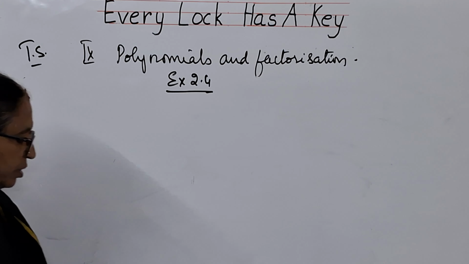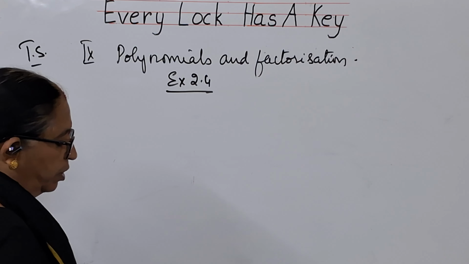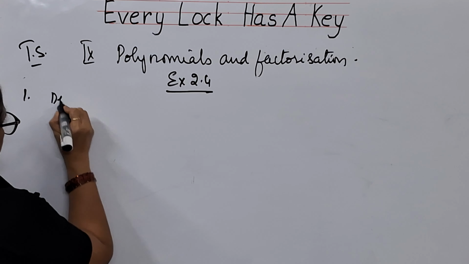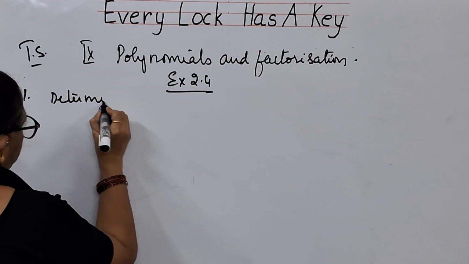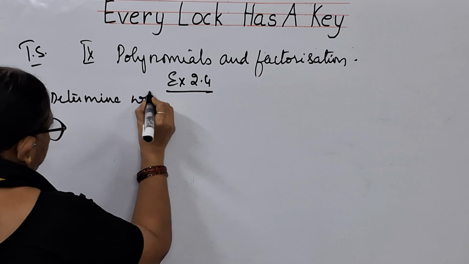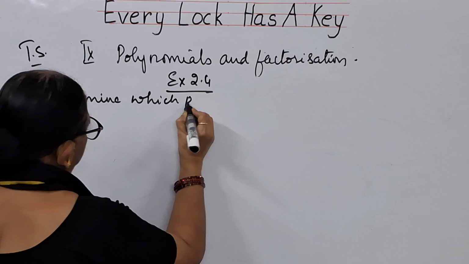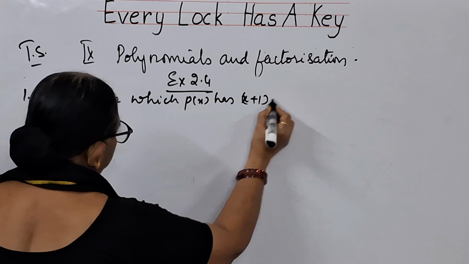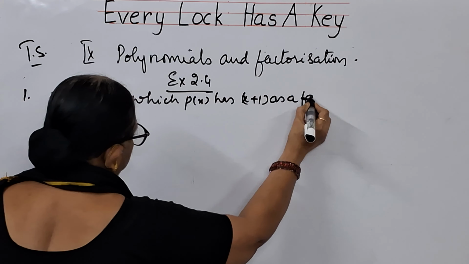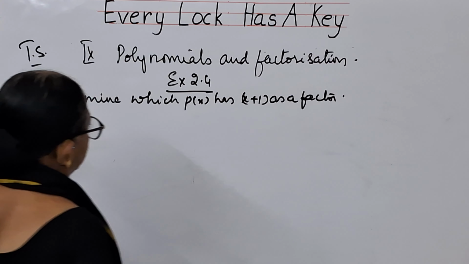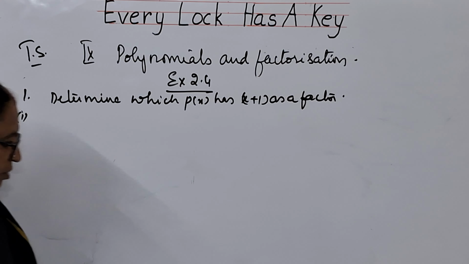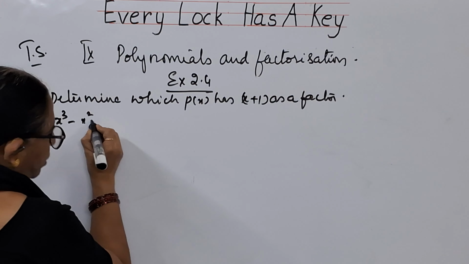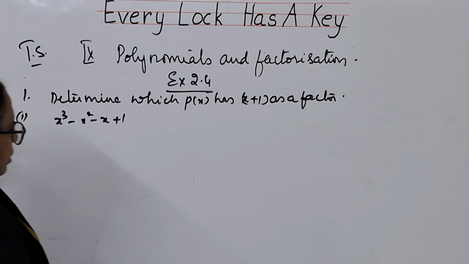First one. Determine which of the following polynomials has x plus 1 as a factor. Determine which p of x has x plus 1 as a factor. This is the question. First bit, x cube minus x square minus x plus 1.